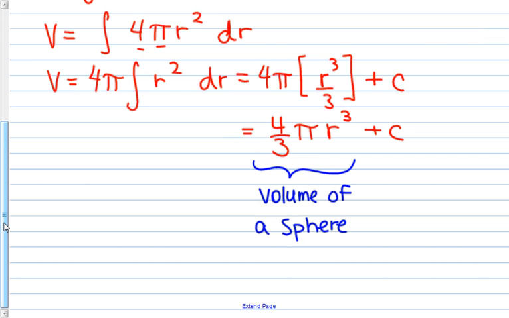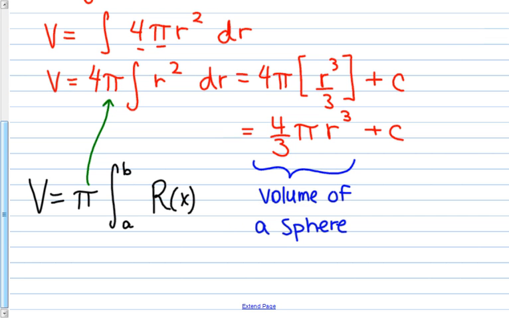And the formula to find these volumes is going to be pi times the integral from a to b of r of x squared dx.